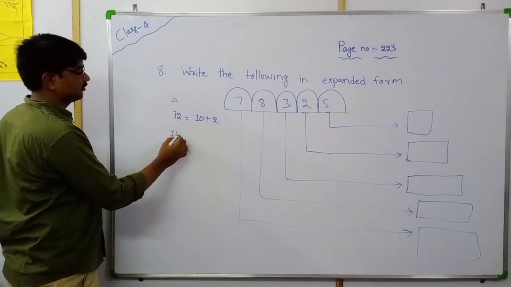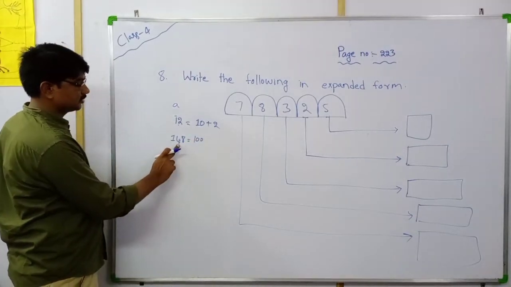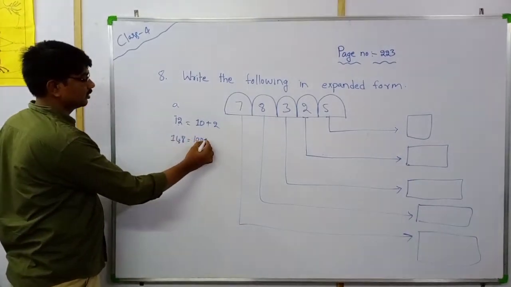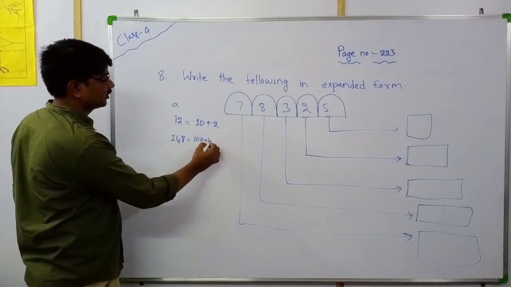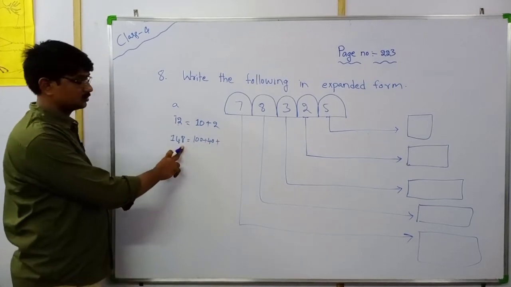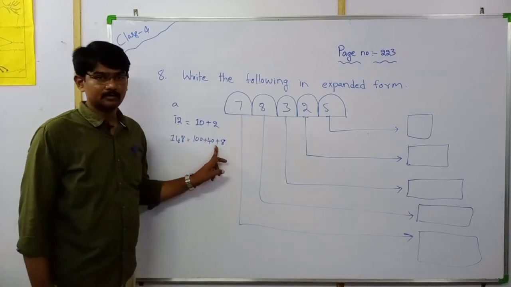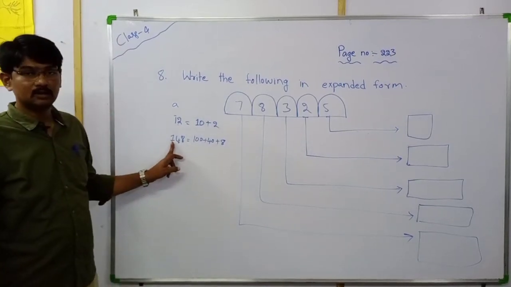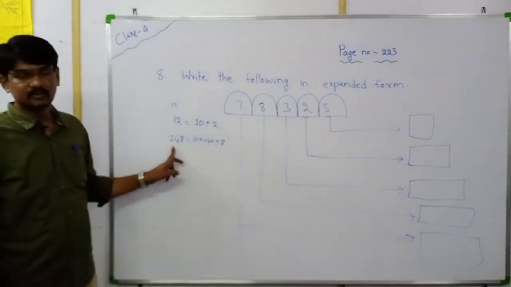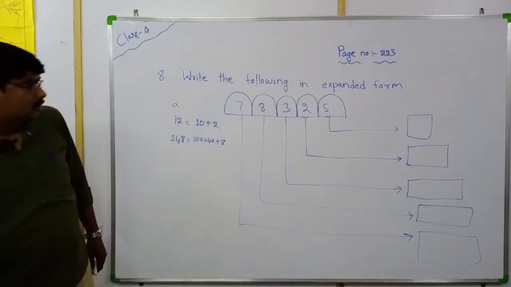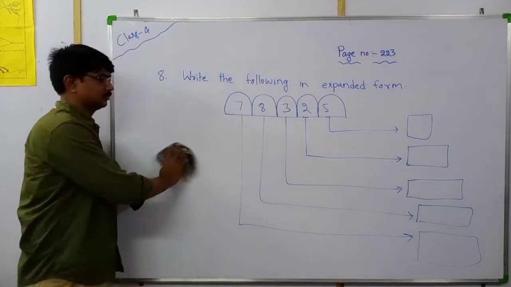If 148, that is 100 plus 40, the tens place, plus 8, the ones place. This is called expanded form. This is called short form. Now our question is write the following in expanded form.